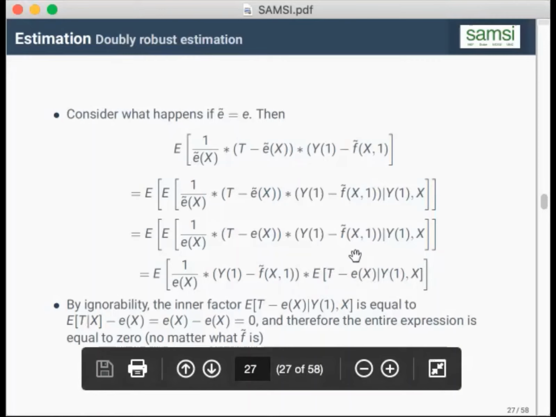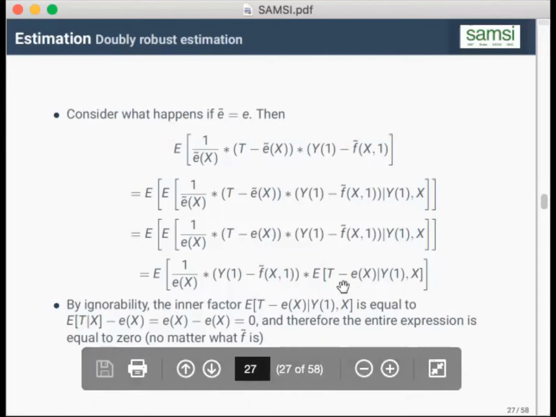So by definition of e of x, by definition of the propensity score model, this is going to be 0. And since this multiplies the rest of the expression, we are going to get that the entire error term is equal to 0. And this holds no matter what the probability limit of the outcome regression model is, no matter what f tilde is, because this error term includes a factor that is by definition equal to 0, the entire expression is going to be 0.